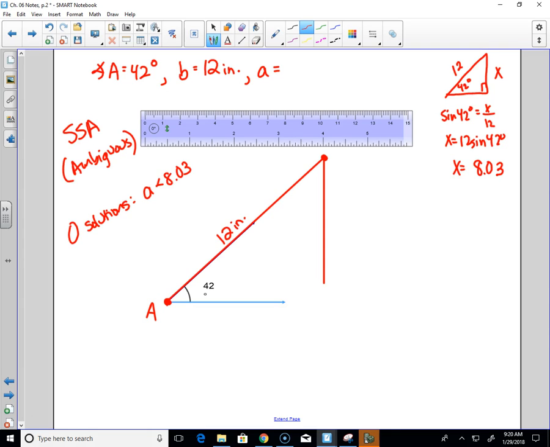Now, we just talked about one solution a few times. Do you guys see if it was 8.03, or I should say 8.029, that there would be just one solution? Let me just put 12 sine of 42. Why would there be only one way to connect, even if I did have it perfectly long?